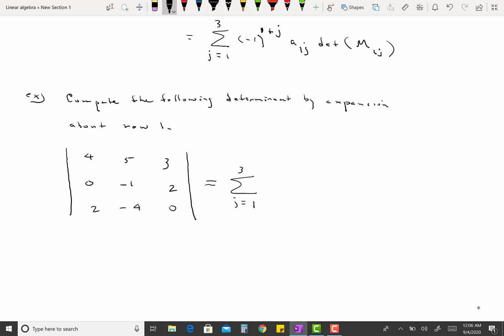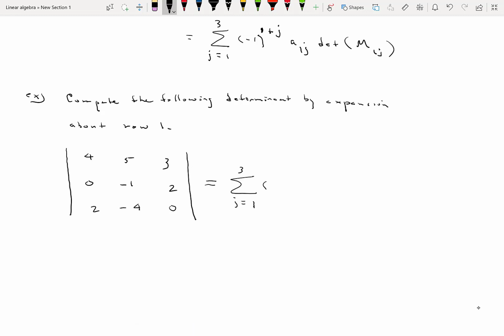-1. This is expansion about the first row, so it's -1 to the 1 plus j. That 1 comes from the row along which we're expanding. That's going to be important later.